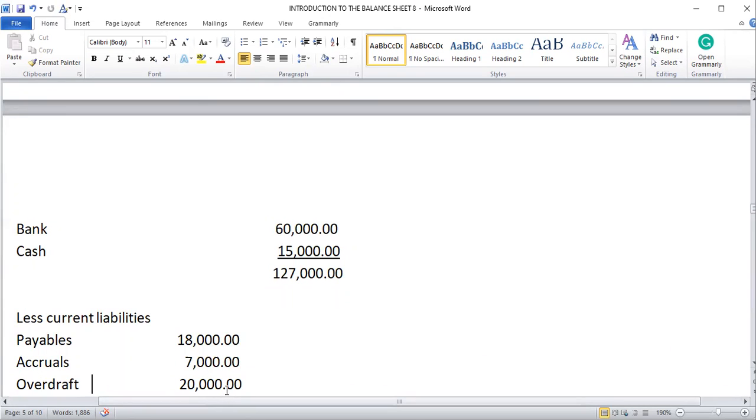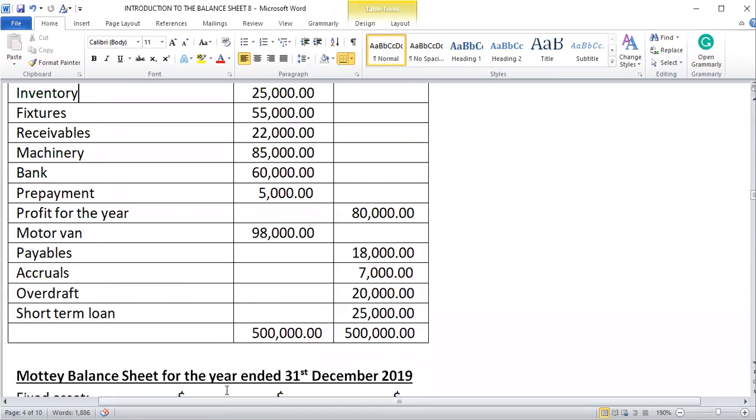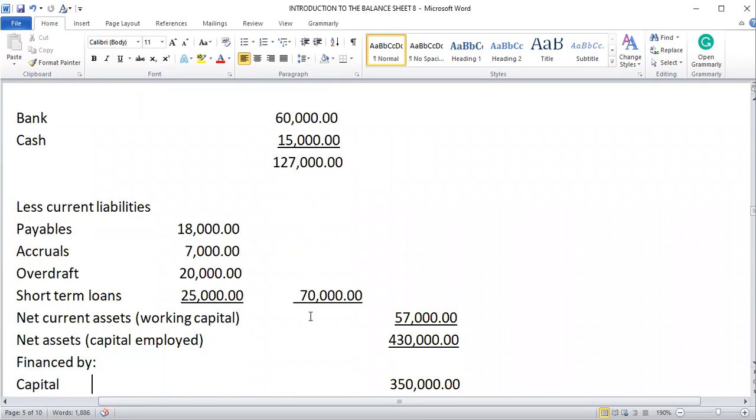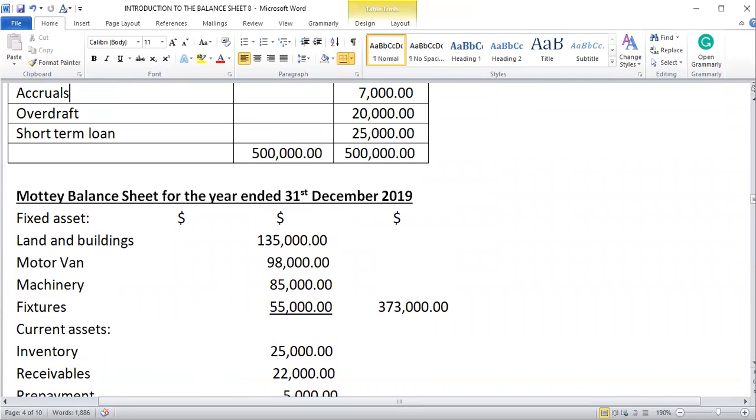And overdraft, $20,000. Then the last item of the current liabilities is the short-term loan, $25,000.